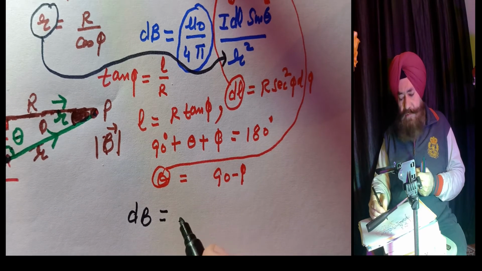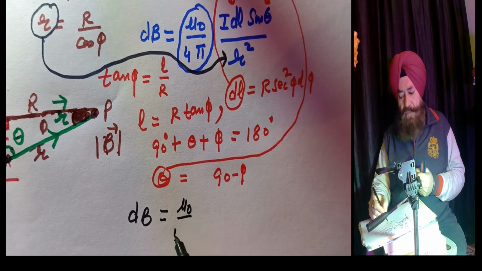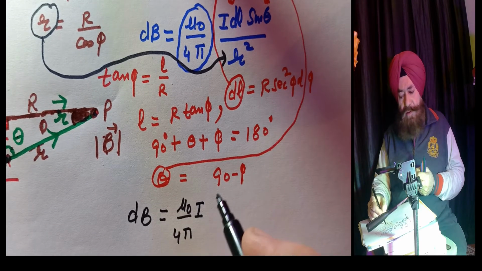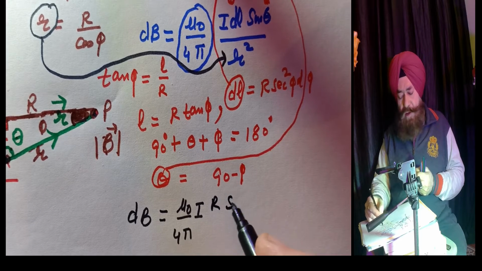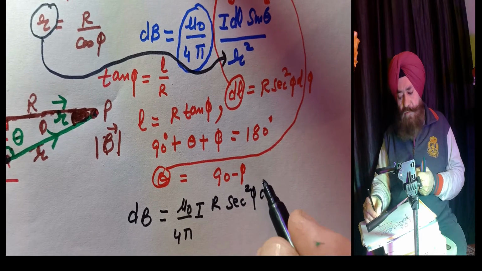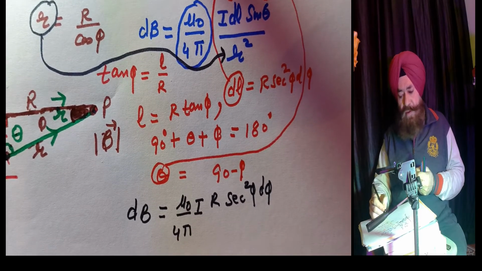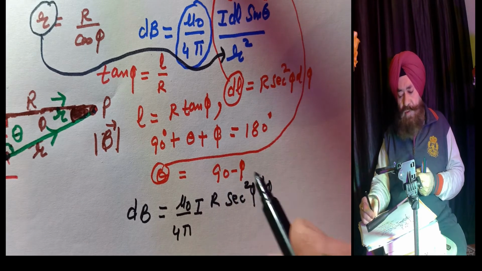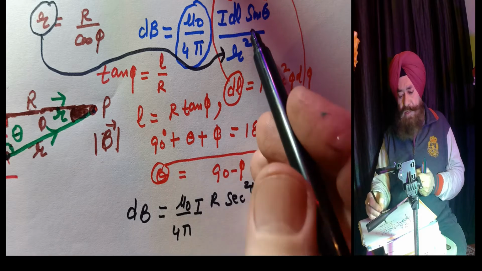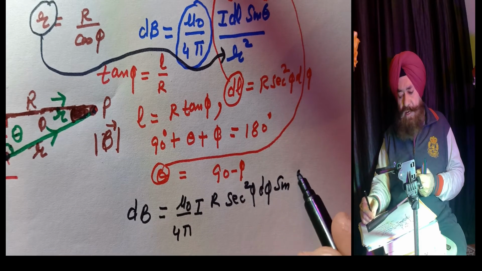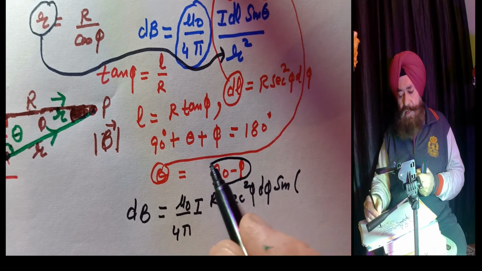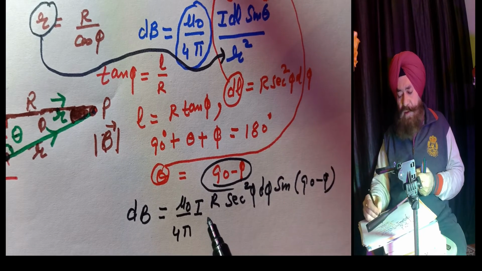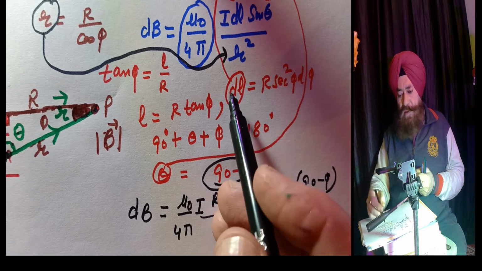dB becomes mu naught upon 4 pi I. Now dl, R secant square phi d phi. Instead of sine theta, I'm changing this theta as sine of 90 minus phi, divided by r square.